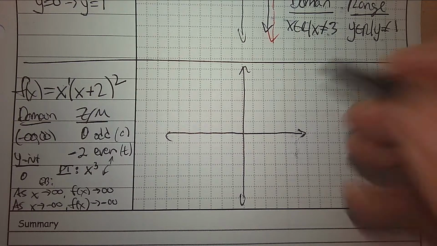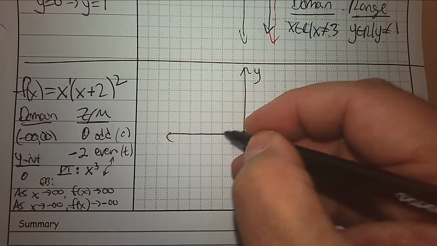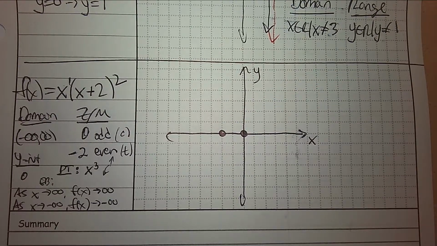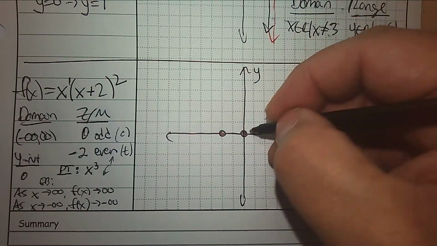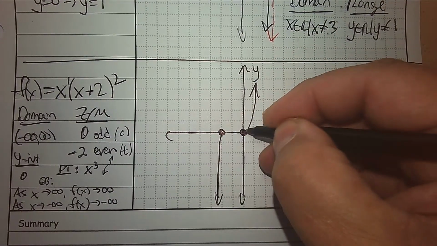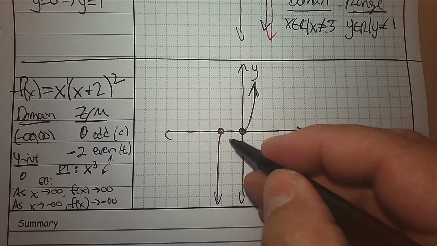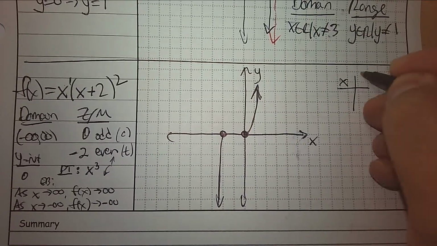When I graph this, I'm going to start with the intercepts, which are at 0 and negative 2. I already know the right end goes up and the left end goes down. What don't I know that I need to find? What x value do I need to do a table of values for?